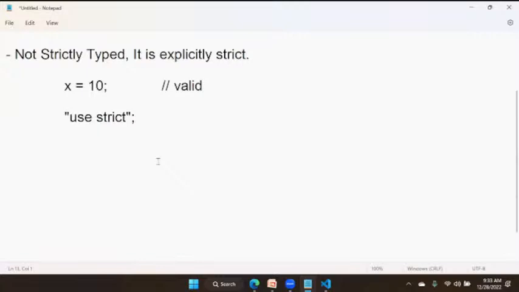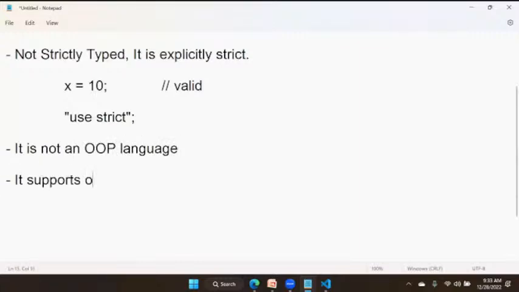That is another important problem in JavaScript: it is not an OOP language. It supports only a few features of OOPs. JavaScript is not an OOP language, but it supports some features of OOPs.